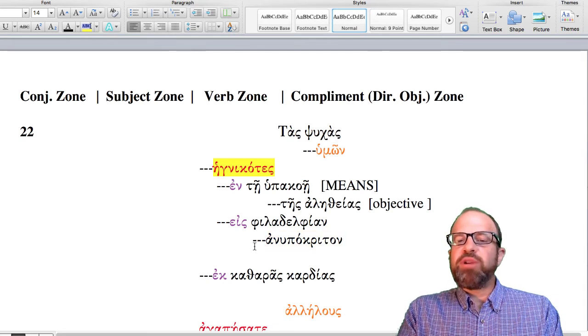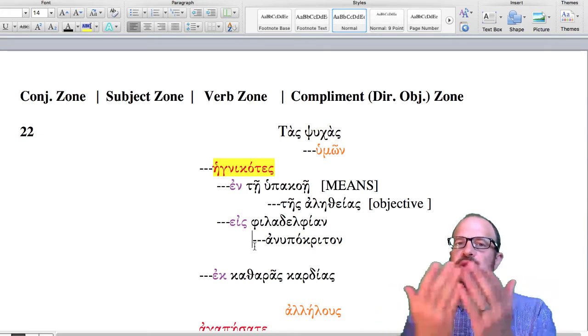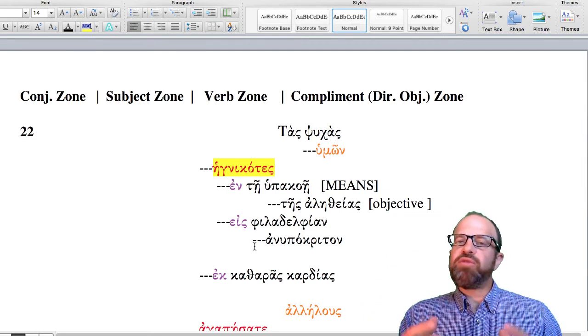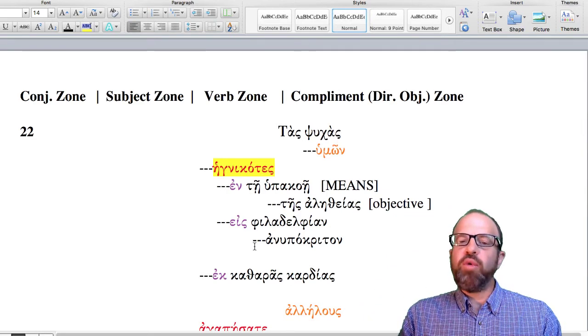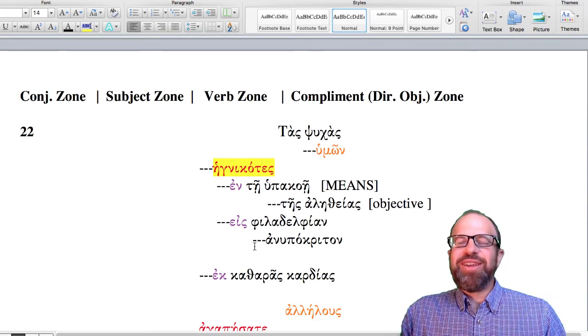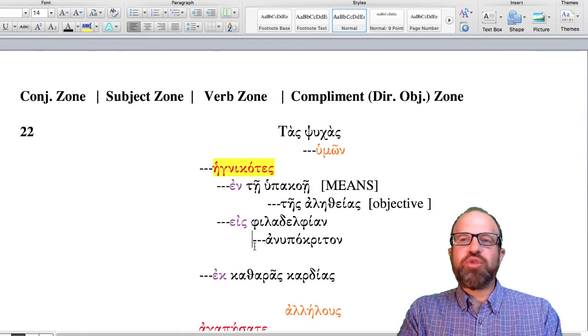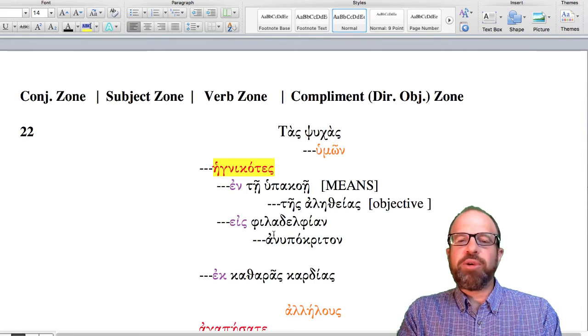And what this hypocritical idea gets to, though, is that a hypocrite was actually an actor, someone who put on a mask. And so the kind of brotherly love here that's called for is one in which we're true to our faces. We are true to ourselves and therefore are able to relate truly to one another in an unhypocritical way.